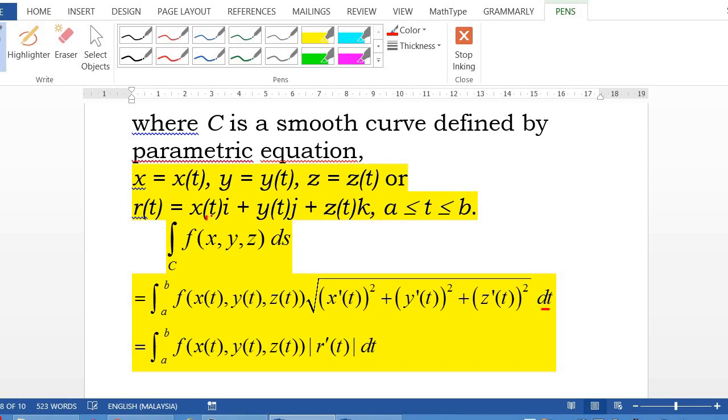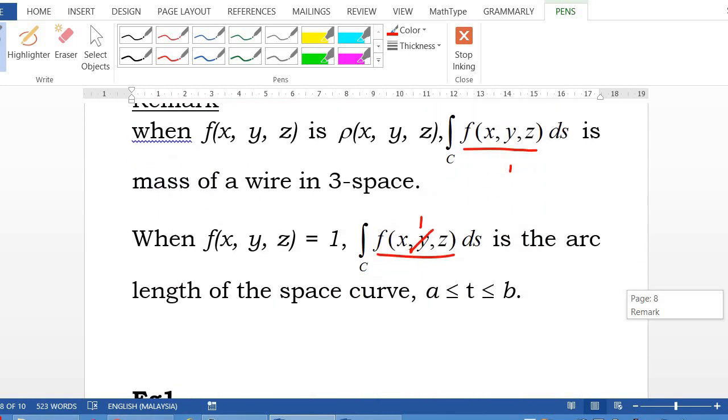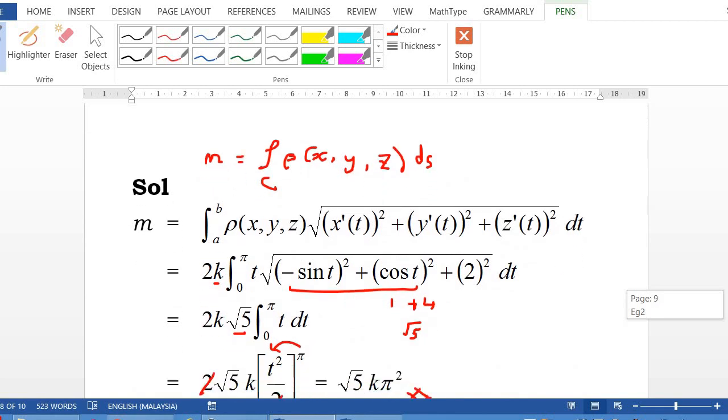From the component i, that is x; component j, let it equal y; component k, let it equal z. You can identify your x, y, z, and ds is the square root of (dx/dt) squared plus (dy/dt) squared plus (dz/dt) squared, or actually the magnitude of r prime t.